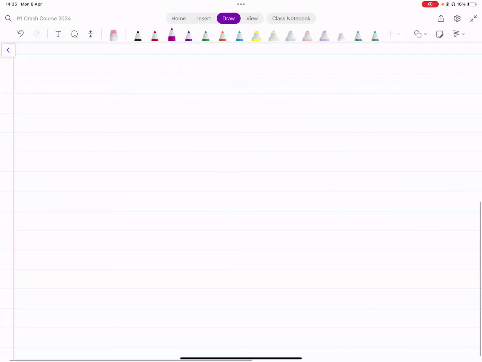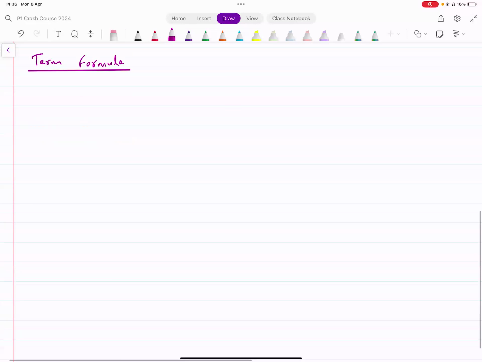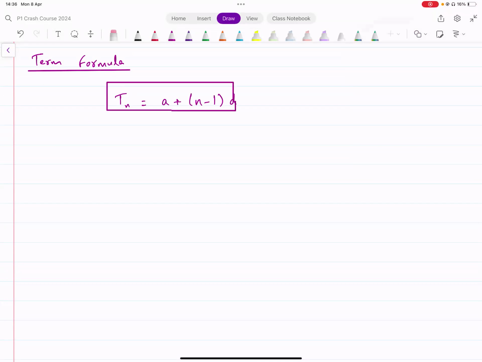Now, let me write that down here. Term formula for an arithmetic progression. Let's see what that looks like. What the term formula is supposed to do is give you a specific term in the sequence. This is what the formula looks like. It says Tn is equal to A plus (N minus 1) times D. So if you're looking for any specific term in an arithmetic progression, this is the formula that you can use.